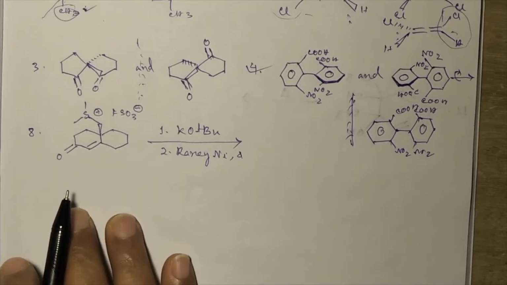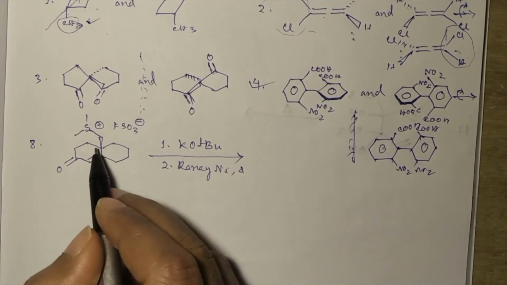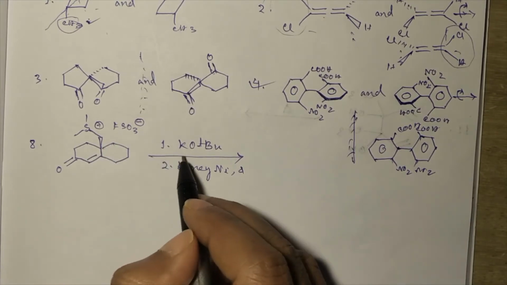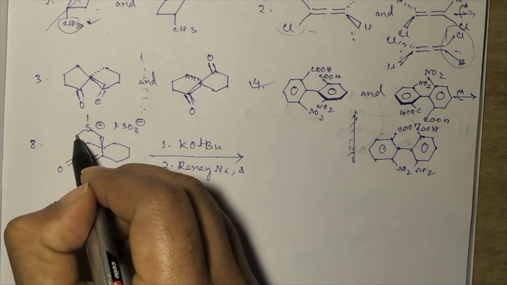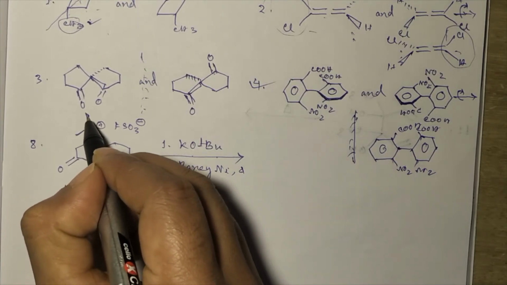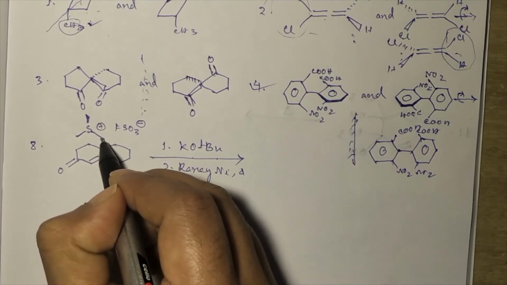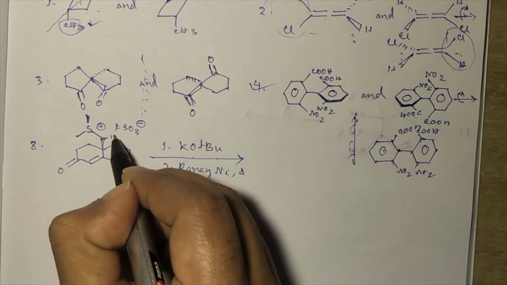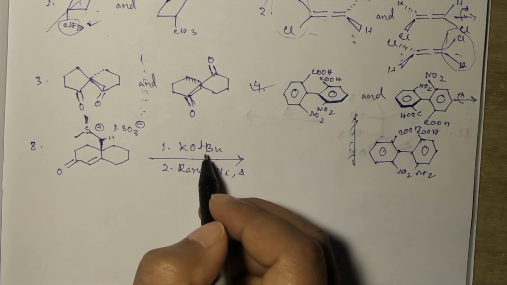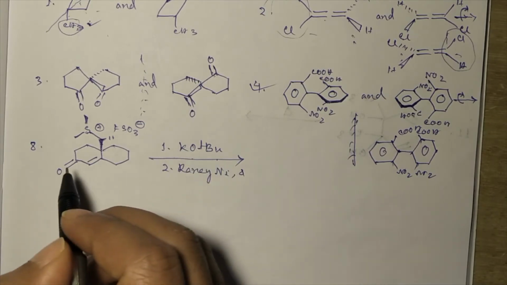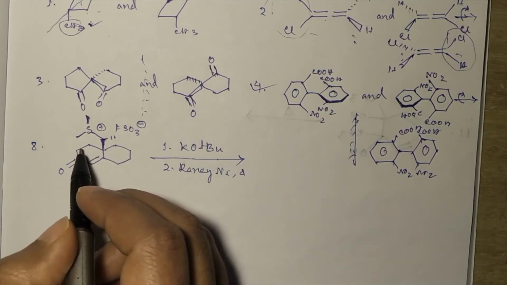Now the next question, here in this substrate, if it is treated with potassium tertiary butoxide, then what will happen? Here the two CH3 groups are there, and here also one hydrogen is there, and this group is above the plane. So this potassium tertiary butoxide will take the most acidic hydrogen.